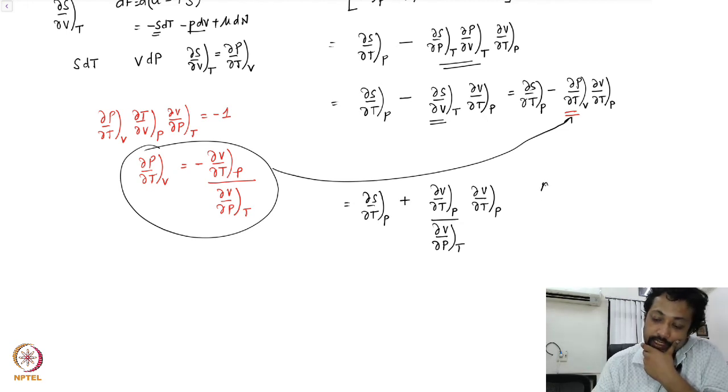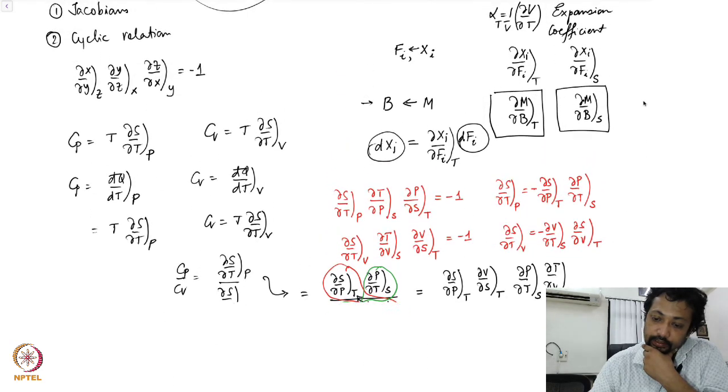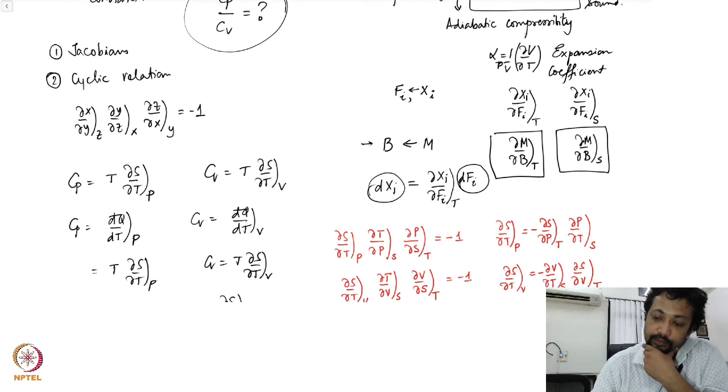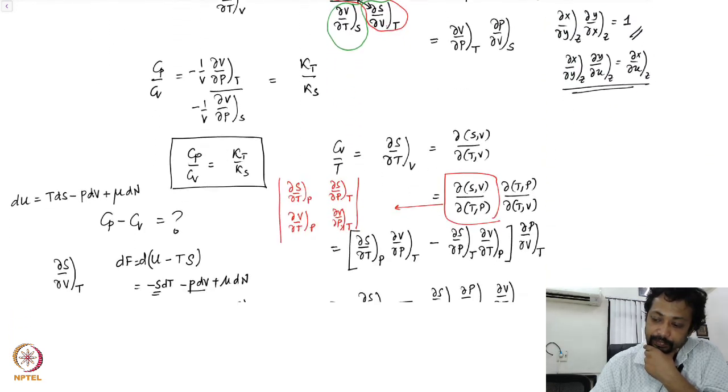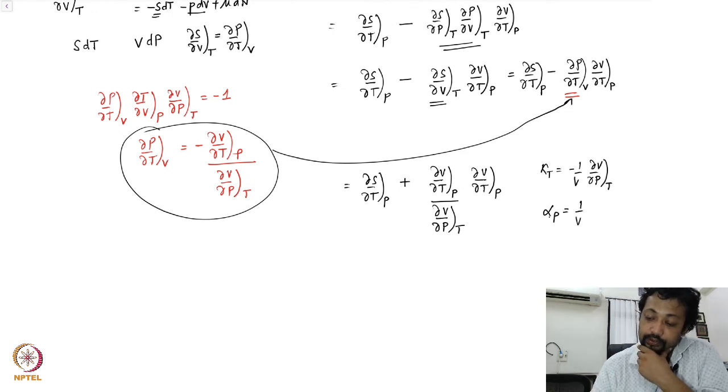Now you see kappa T is minus 1 by V del V del P, temperature constant, and alpha P, what did I define the response function here? Let's see. Yeah, sorry, this has to be alpha P because you're taking a derivative with respect to temperature. Please be careful, because you're taking a derivative with respect to temperature, so temperature cannot be held constant there. So del V del T, pressure constant, right?